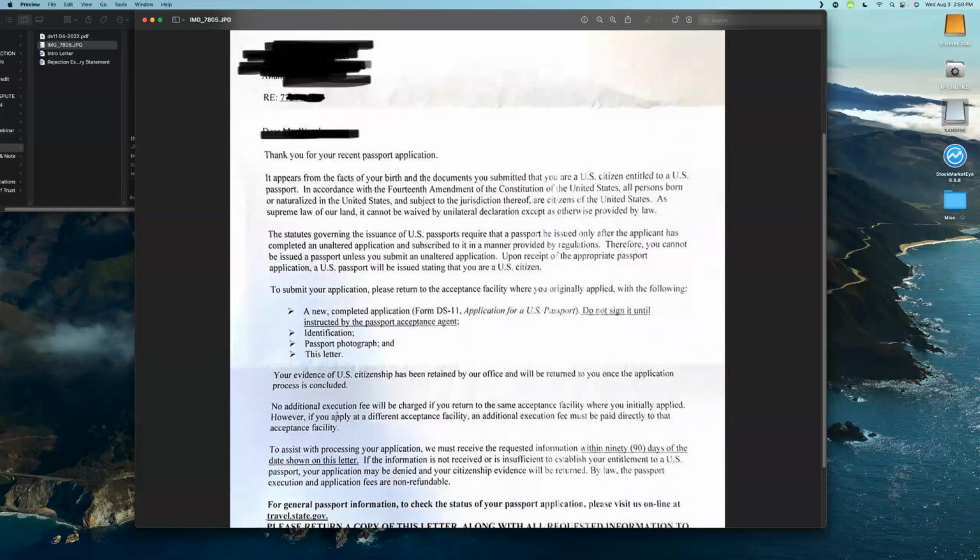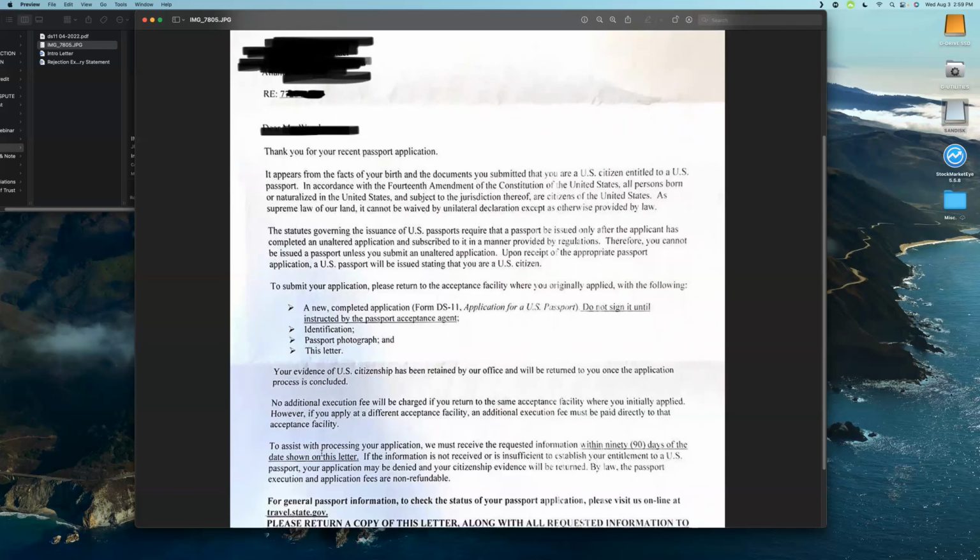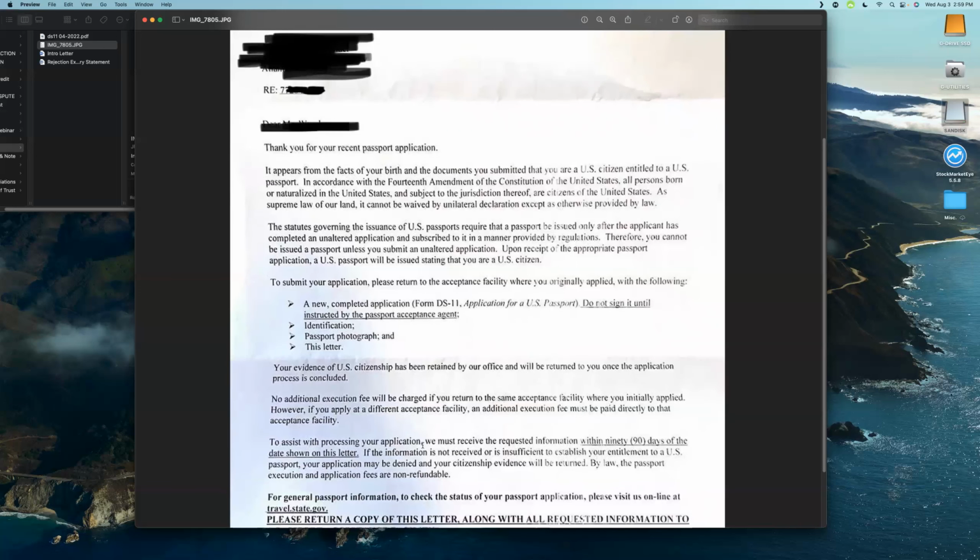It says no additional execution fee will be charged if you return to the same acceptance facility where you initially applied. However, if you apply at a different acceptance facility, an additional execution fee must be paid directly to that acceptance facility. To assist with processing your application, we must receive the requested information within 90 days.